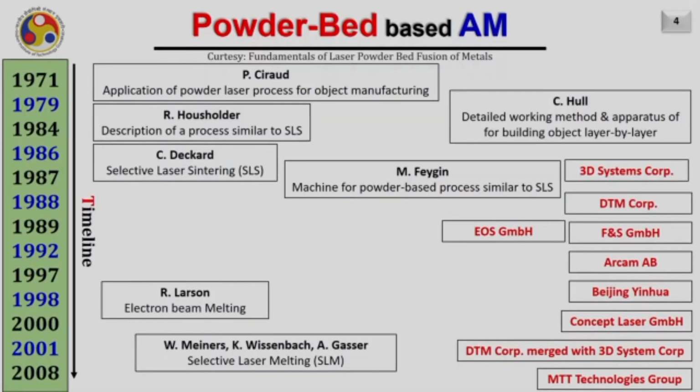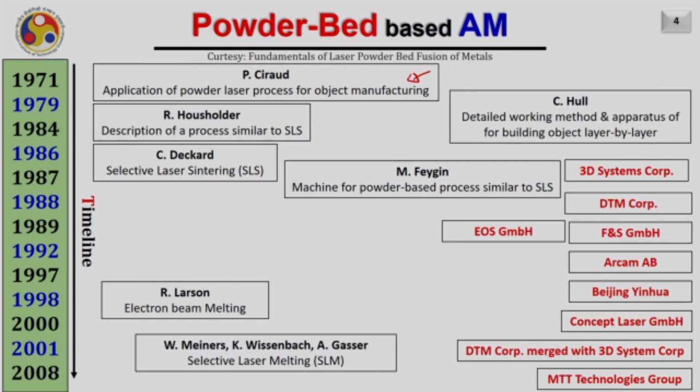A typical timeline for the history of powder bed based additive manufacturing is shown on this slide. Here you can see that the first powder bed based additive manufacturing system was invented in around 1971, where Professor P. Crowd gave an application of a powder laser process for making objects.